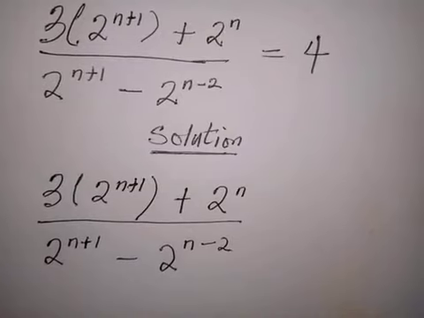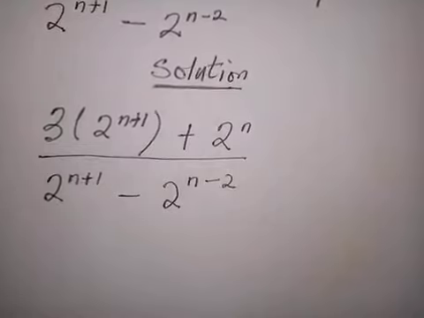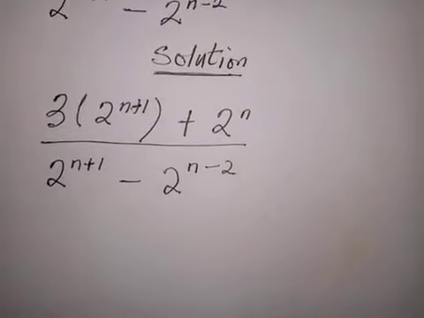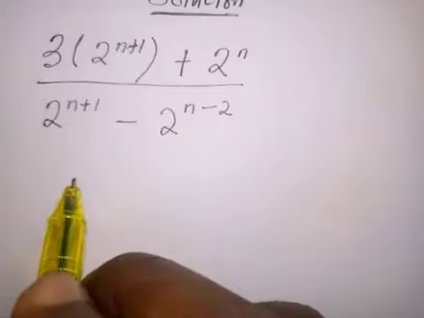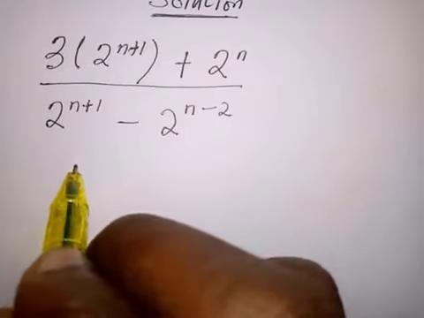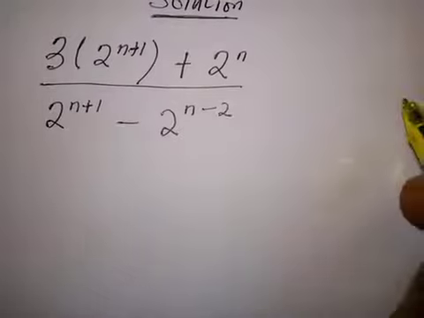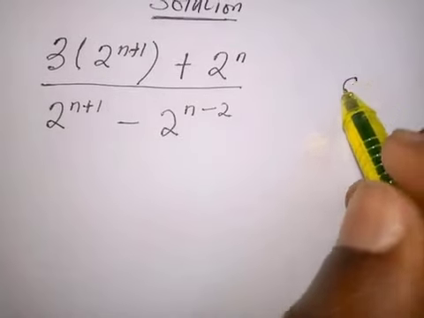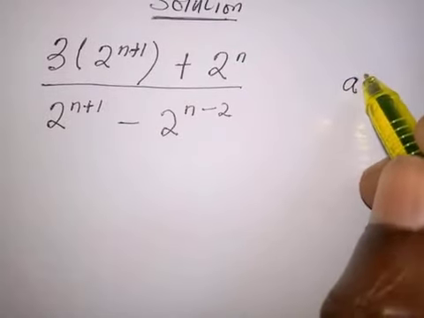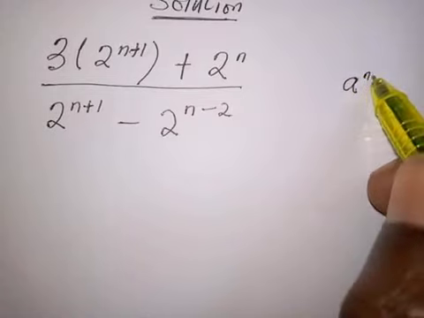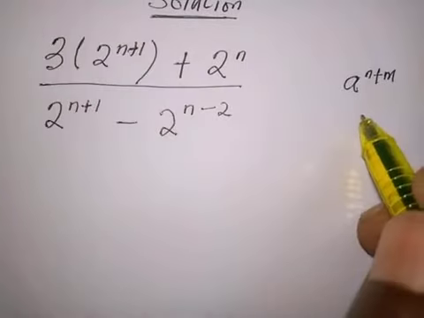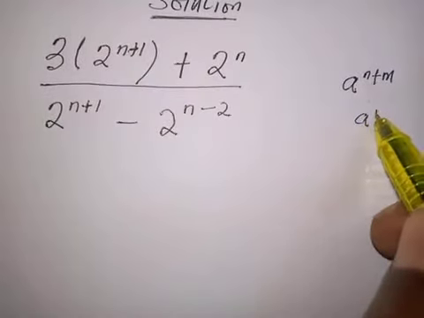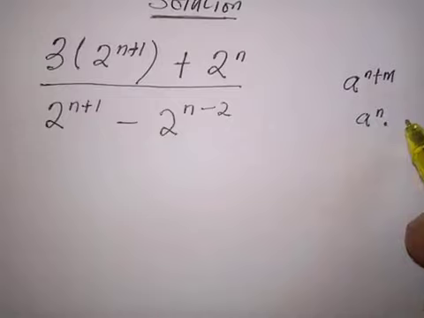To do that, don't forget from the basic law of indices, I mean the product law of indices, if you have a raised to power of n plus m, I can have it as a raised to power n dot a raised to power of m.